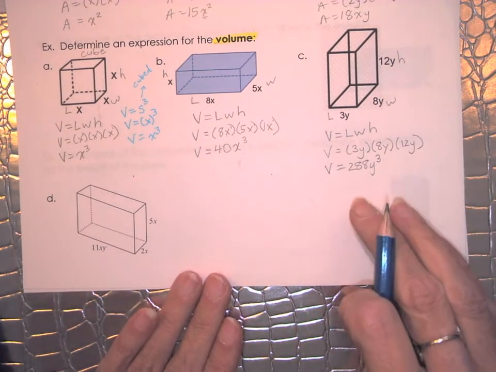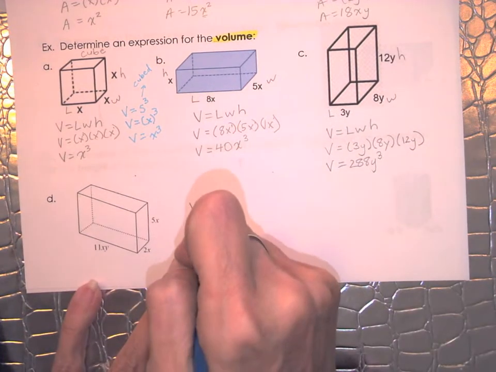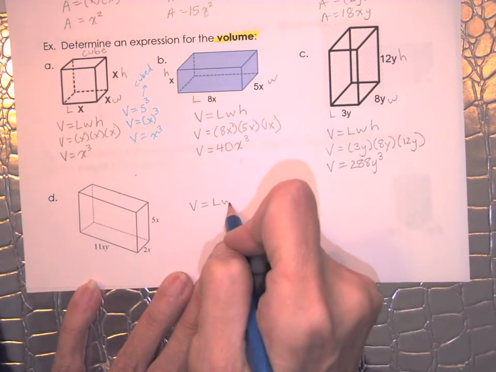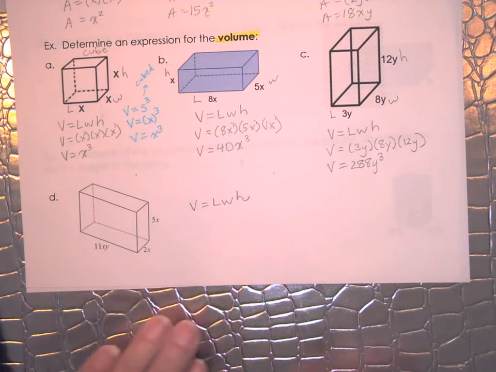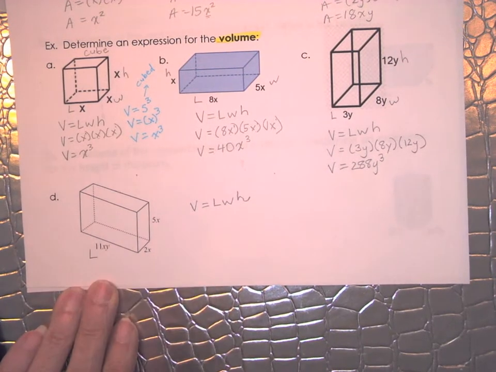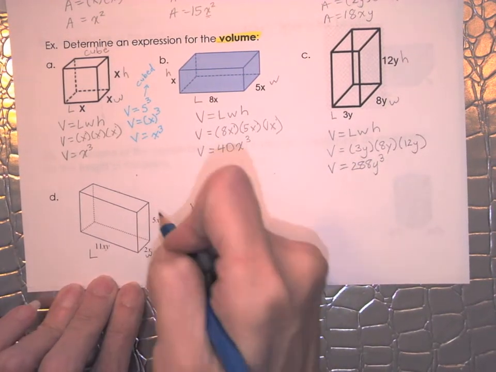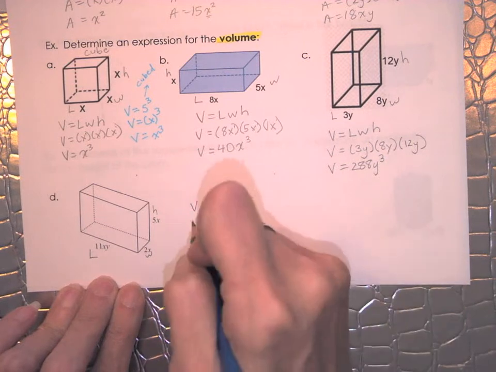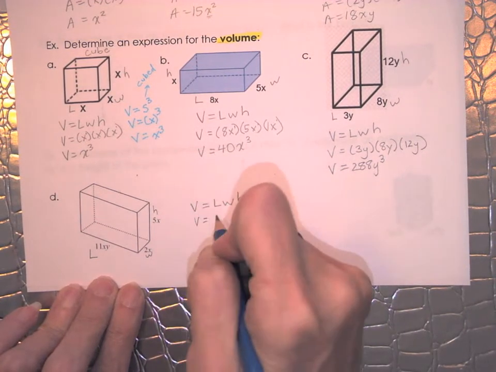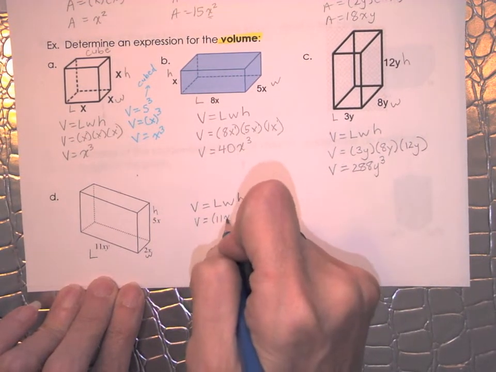And our last example here, we want to determine the volume again. So length times width times height. I'll call this my length, this my width, and this my height. Substitute using brackets.